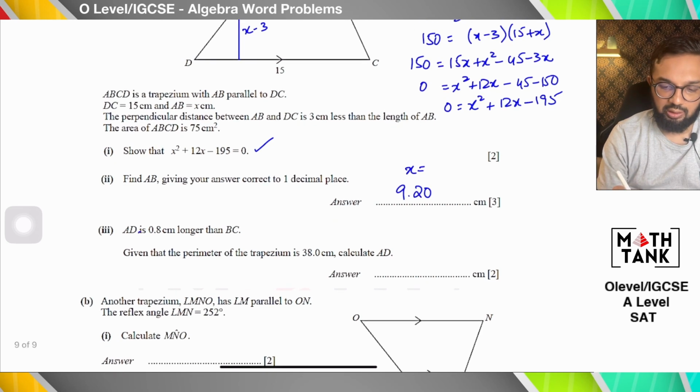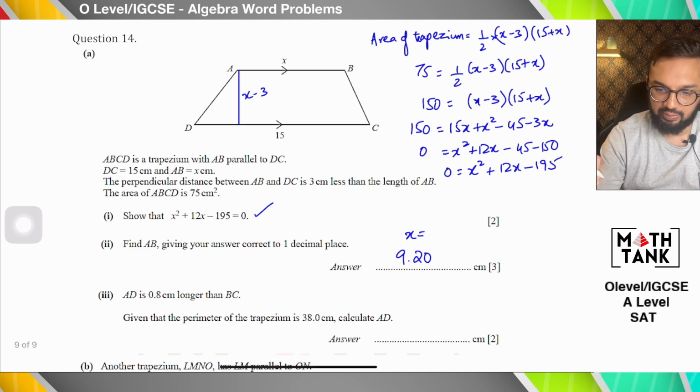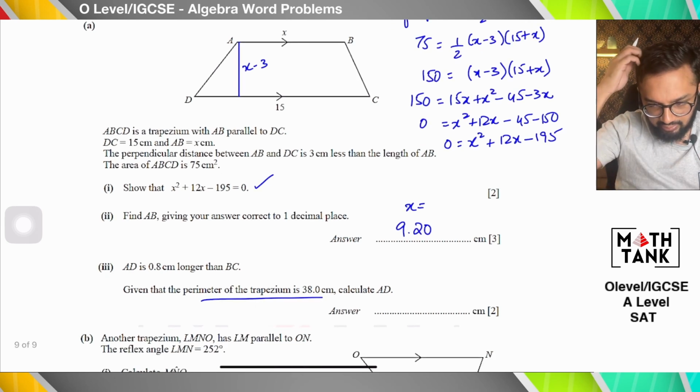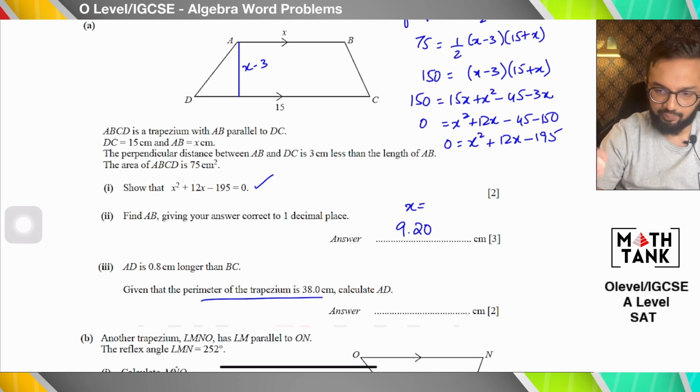Okay, AD is 0.8 centimeters longer than BC. Given that the perimeter of the trapezium is 38.0, calculate AD. Okay, so let's call BC y. This must be y plus 0.8 then.